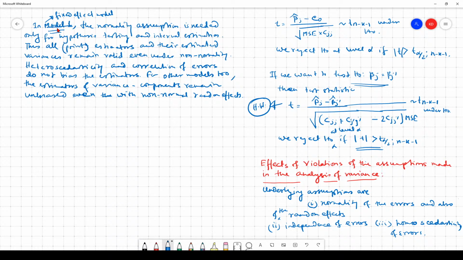Non-normality, heteroscedasticity and correlation of errors do not bias the estimators. For other models too, that is random effect and mixed effect, the estimators of variance components remain unbiased even with non-normal random effects.